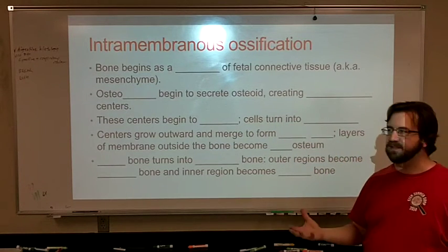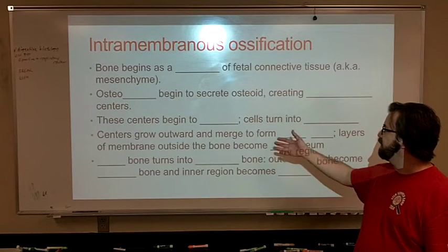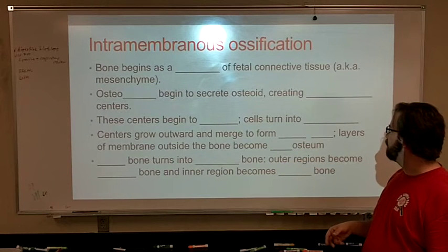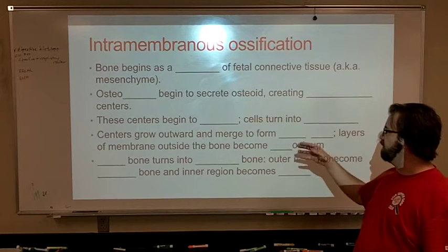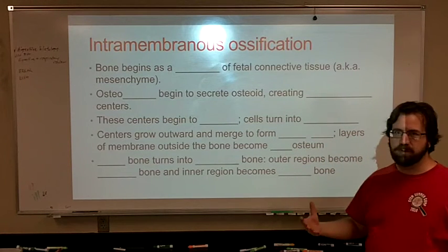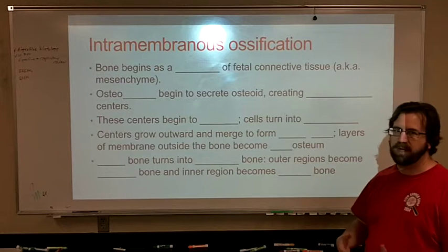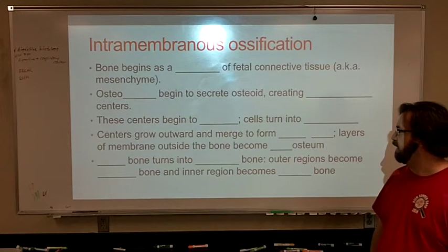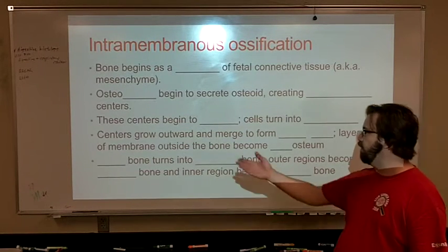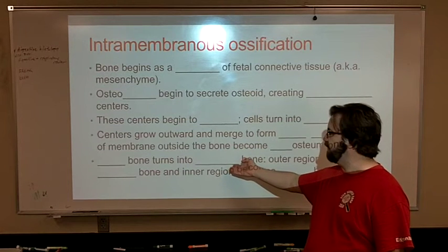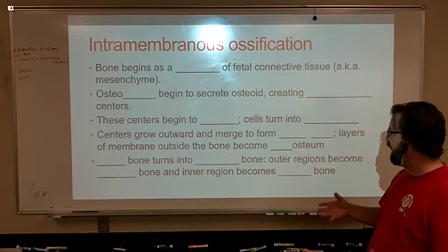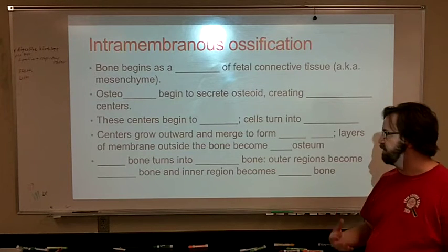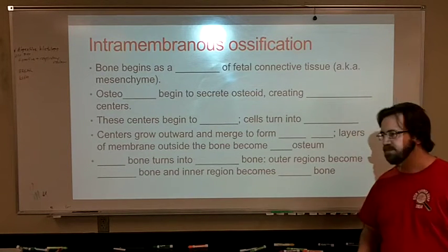The mature maintenance cells. Centers grow outward and form the woven bone, and layers of the membrane outside of the bone become the what? Periosteum, right? And then the woven bone turns into, we just said this was lamellar bone, and then it asks you to figure out the outer regions become what bone tissue type, and the inner region becomes what bone tissue type.